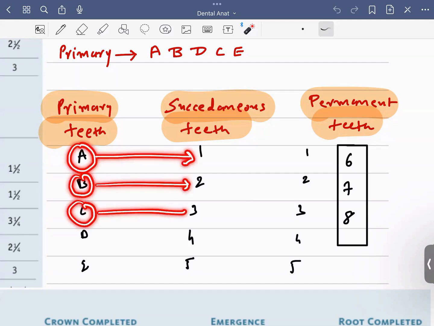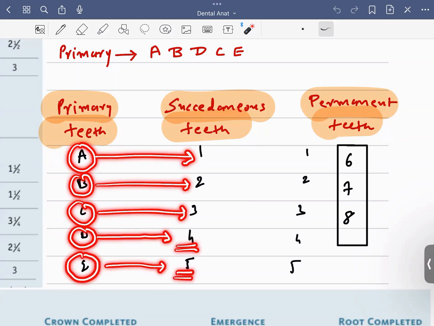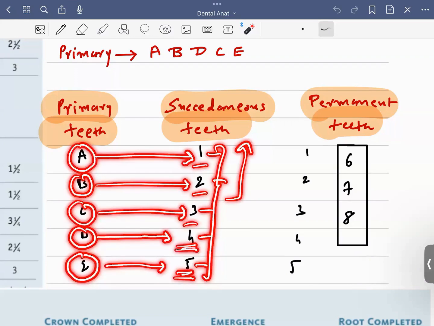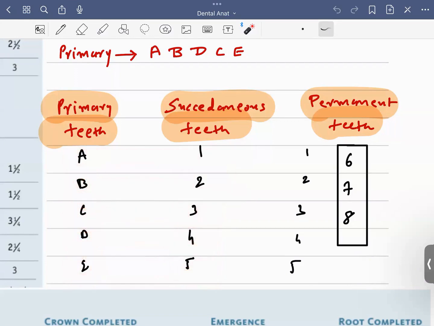On canine, permanent canine will erupt. In place of the first deciduous molar, the first premolar will erupt, and in place of the second molar, the second premolar will erupt. So these five, 1, 2, 3, 4, and 5, that is central, lateral, canine, first and second premolar, are succedaneous teeth because they are succeeding the deciduous teeth. Whereas the first, second, and third permanent molars are not succedaneous teeth.